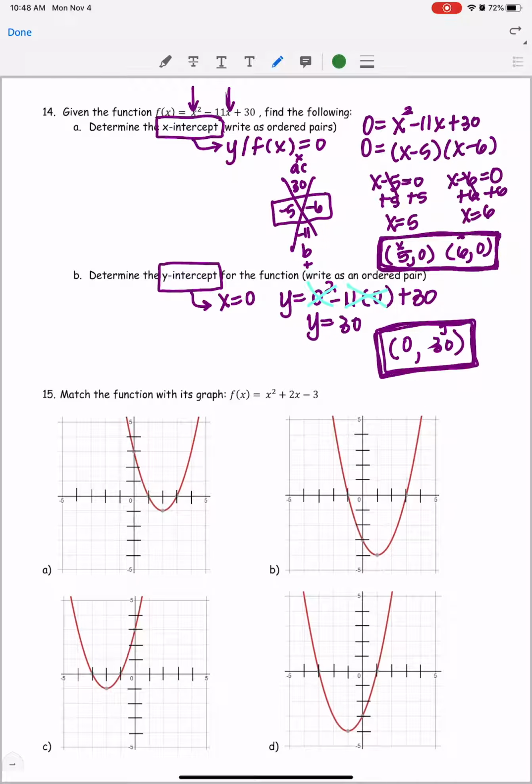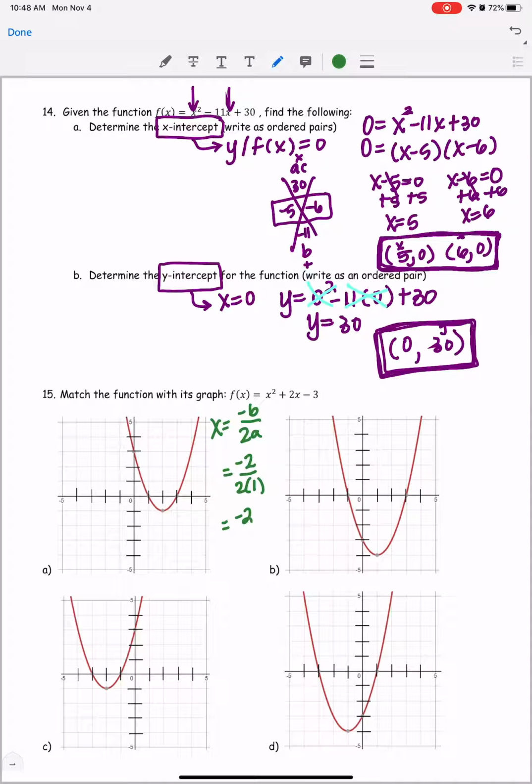We can see that these vertexes are all in different places. So to find your vertex, you will use x equals negative b over 2a. My b is 2, so I got negative 2 over 2 times my a is 1.